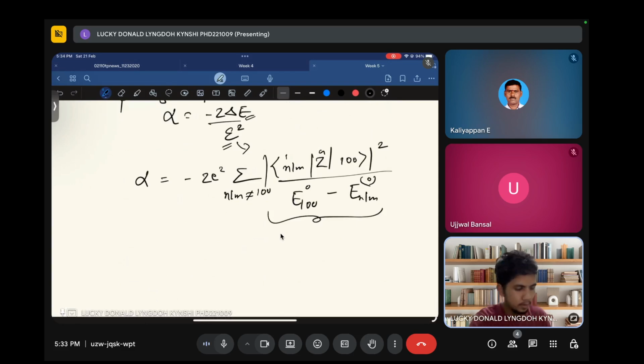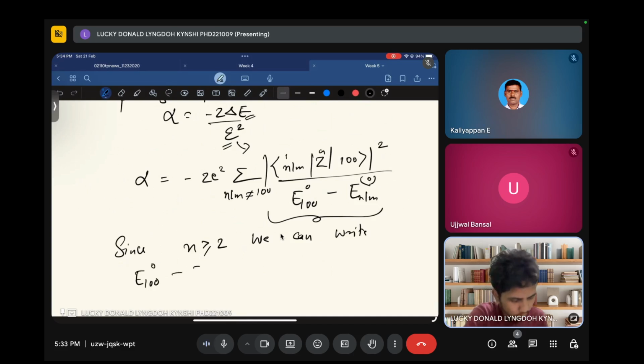Since n is greater or equal to 2, we can bound the denominator term, E n L M zero, which is less or equal to E100 minus E200.